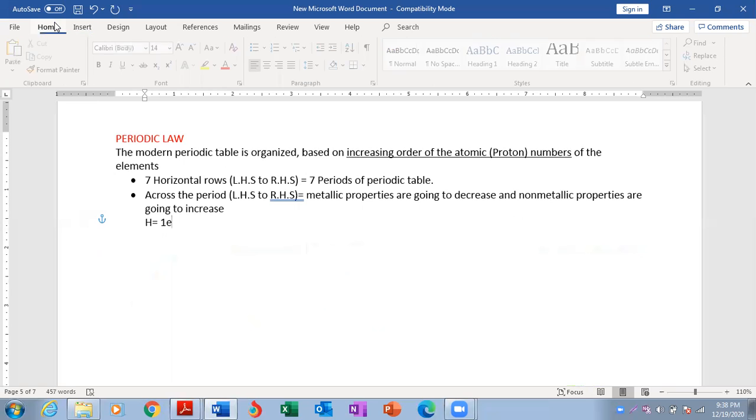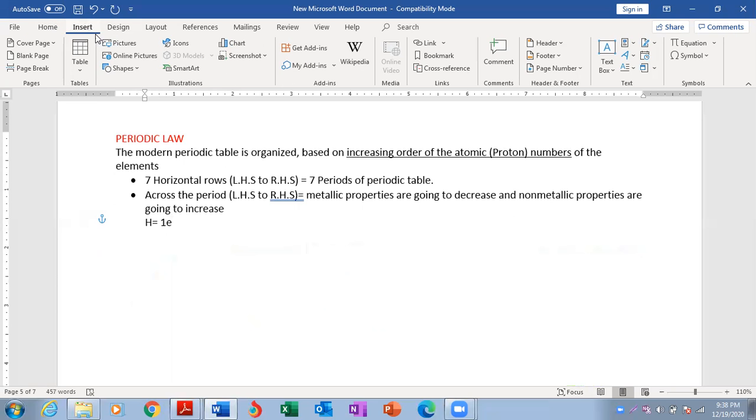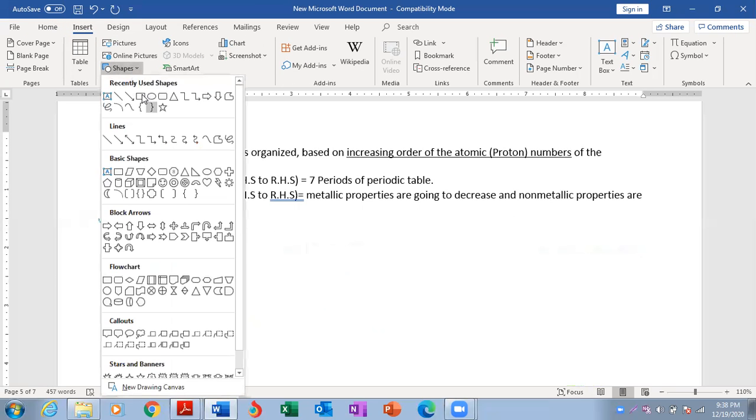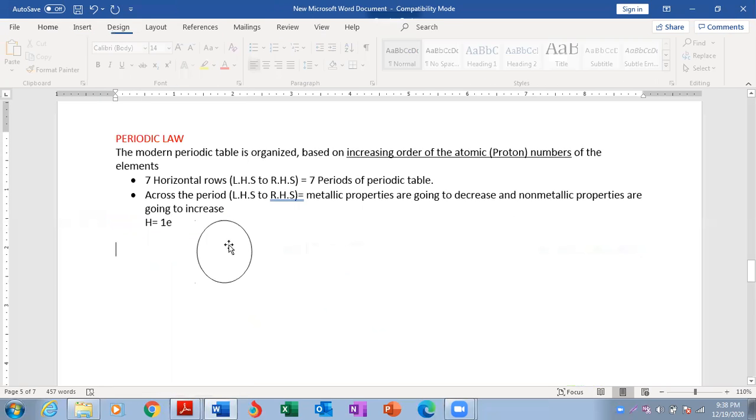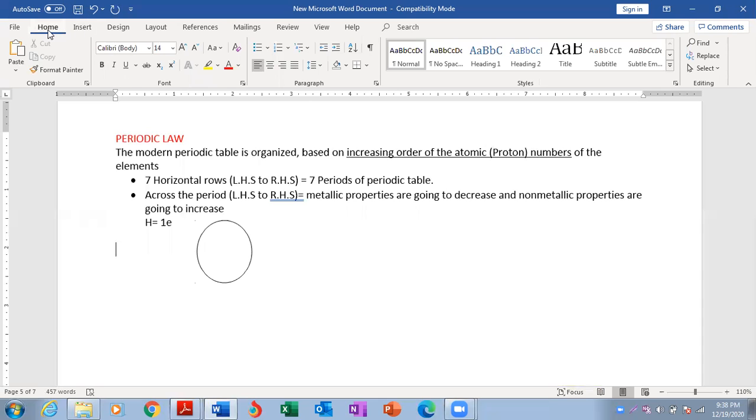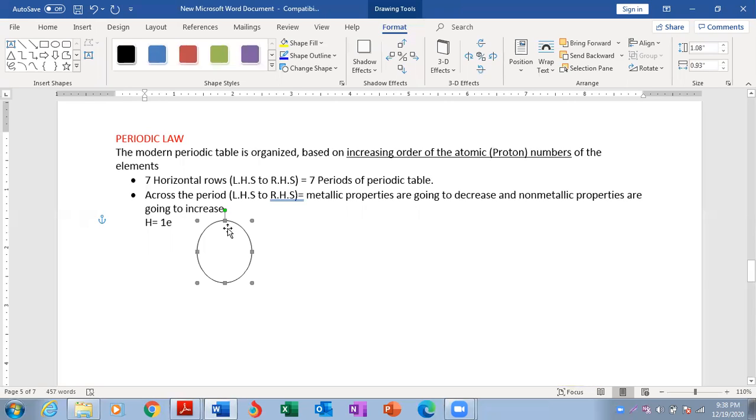So I'm going to draw the electronic structure of hydrogen here. This is the shell of hydrogen, and it keeps one electron, and this is the nucleus.